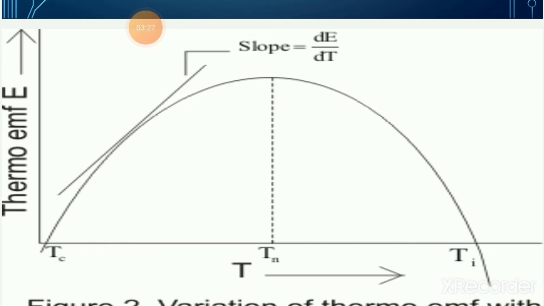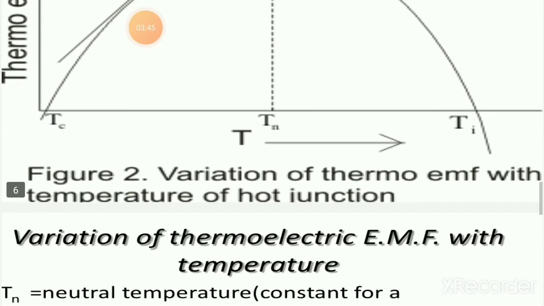The temperature where the EMF is maximum is the neutral temperature, denoted by Tn. Where the curve reverses, that is the inversion temperature, denoted by Ti.